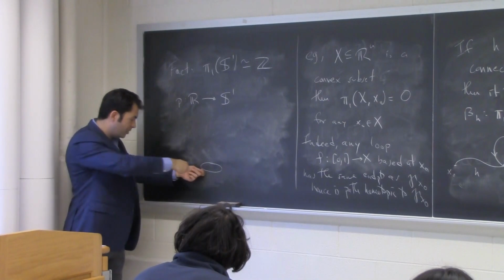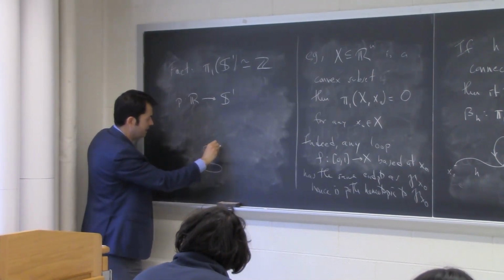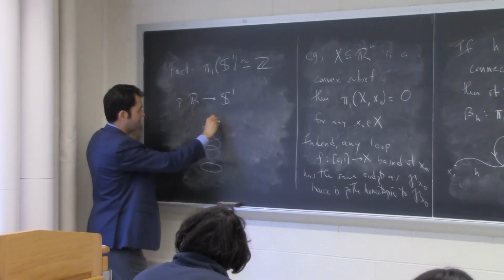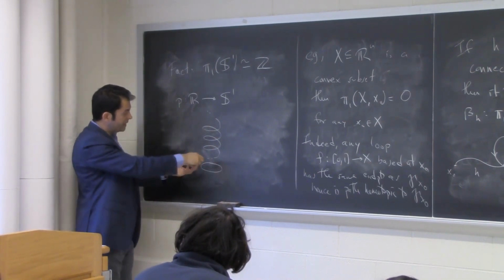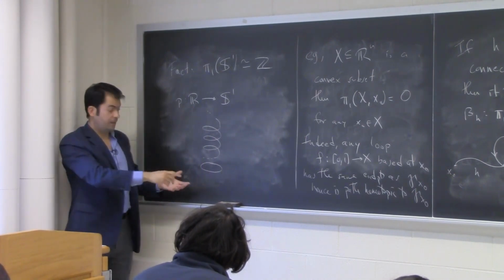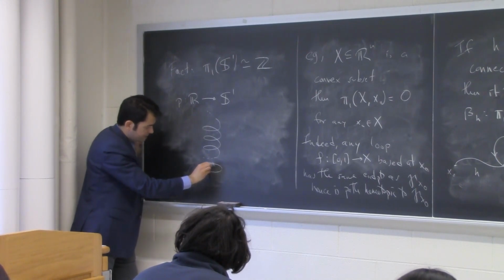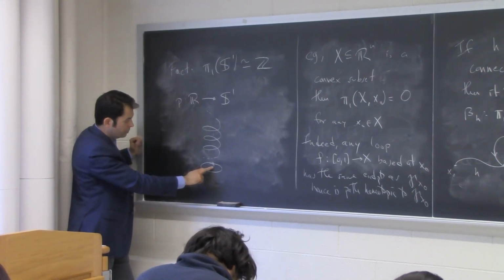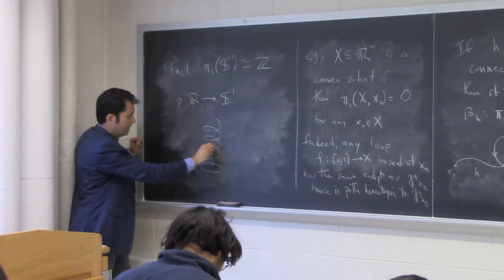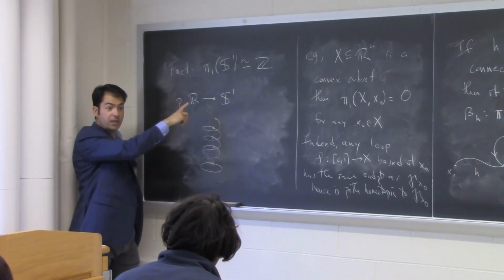And then you pull it out, and what you end up with is a helix. And if you had an infinite cord, then you would get the whole real line lying above the circle. And every point on the circle has an infinite set of preimages sitting above it.